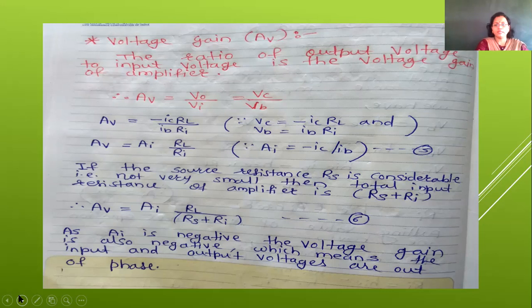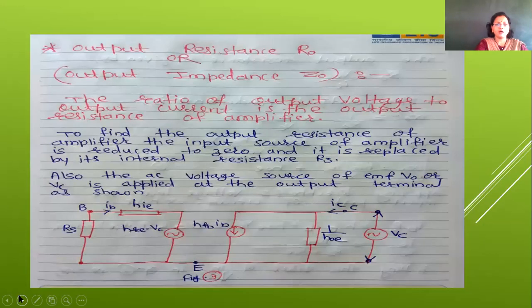Now we calculate the next parameter, that is the output resistance denoted by RO or output impedance ZO. The ratio of output voltage to output current is the output resistance of the amplifier.